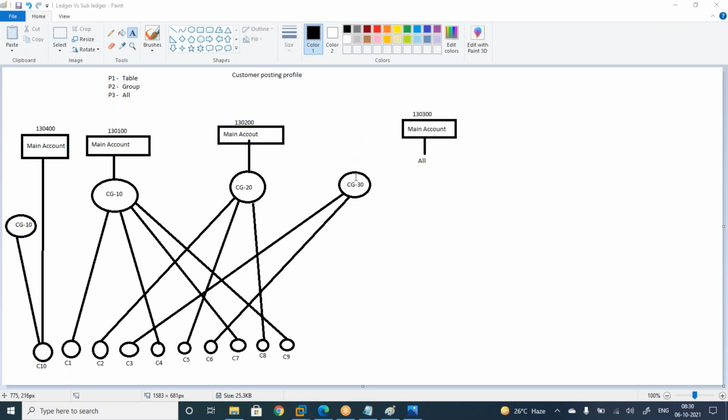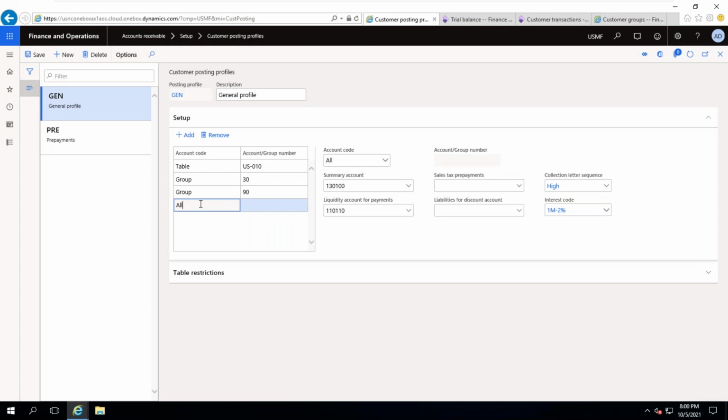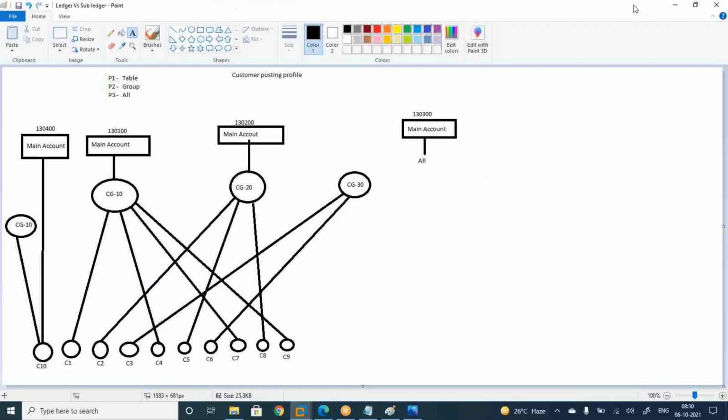Yes. So this is connected to this ledger. The name 'all' is mentioned because if it is not covered here, all means other than these accounts, the remaining all. Okay, thank you. It is a good question, but definitely it is not all these accounts, it is the remaining all.